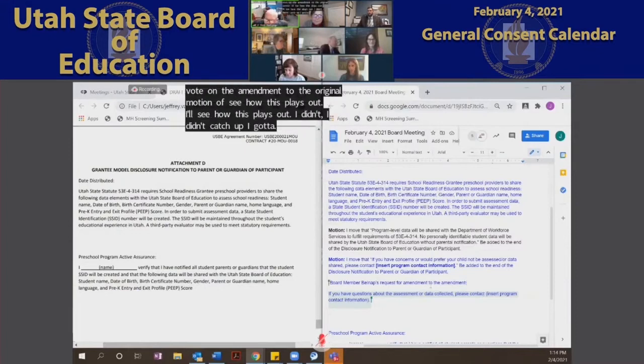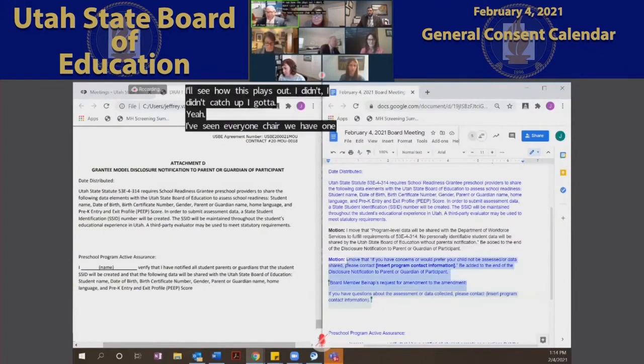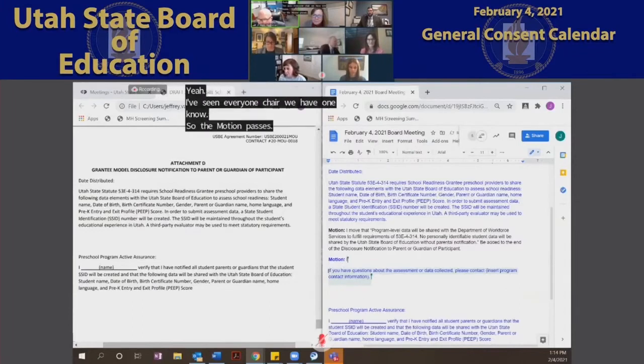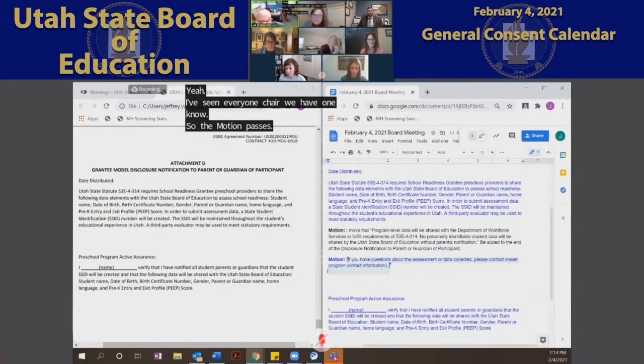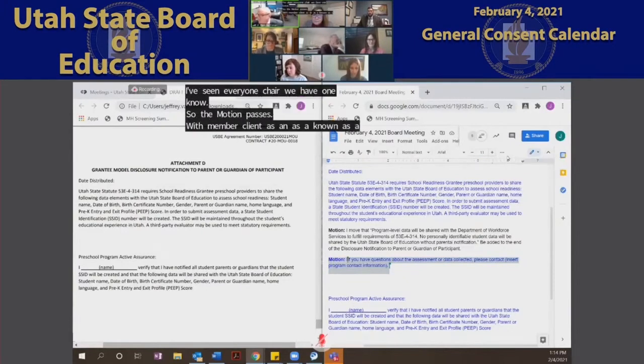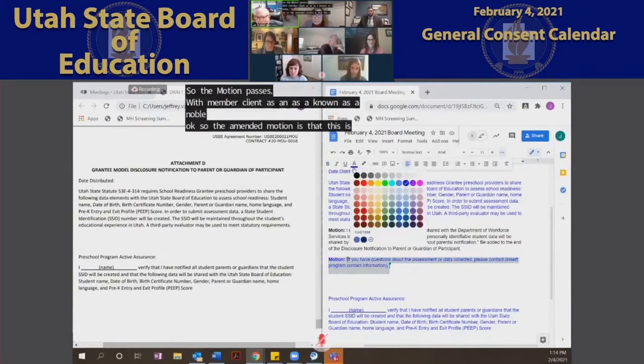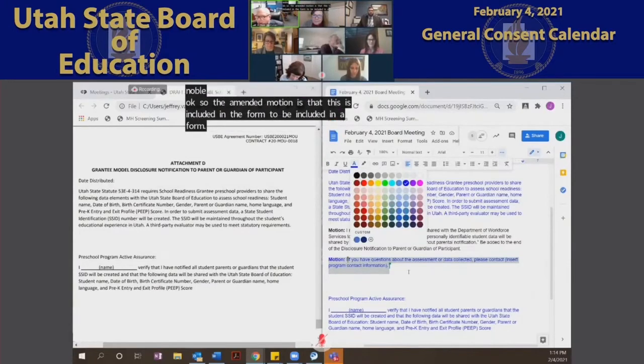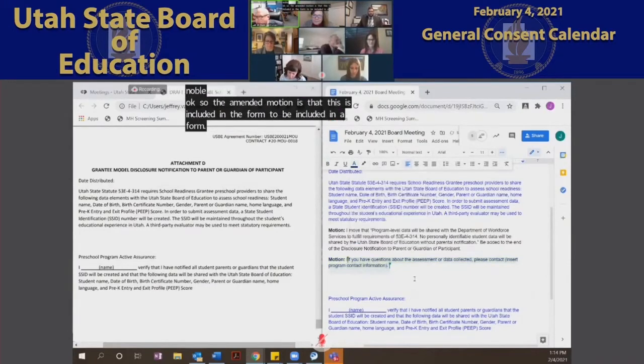Okay, so the amended motion is that this wording be included in the form: If you have any questions about the assessment or data collected, please contact, insert program contact information. Any discussion to the amended motion?